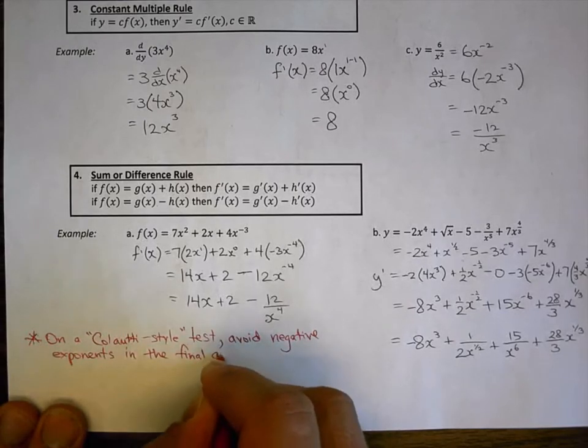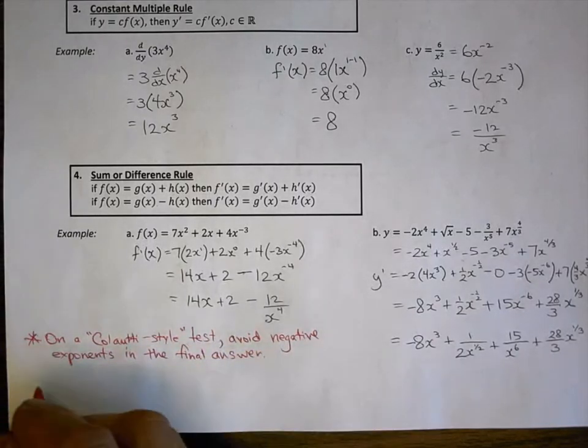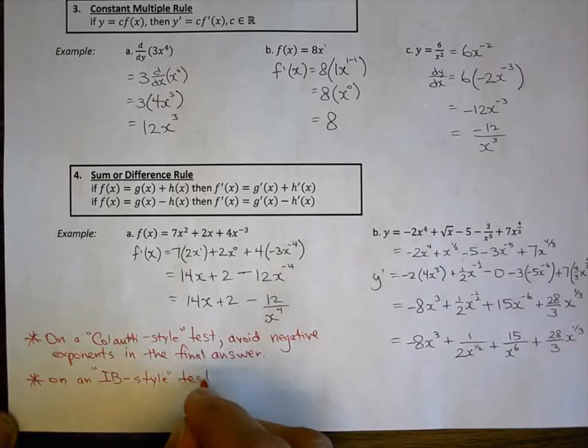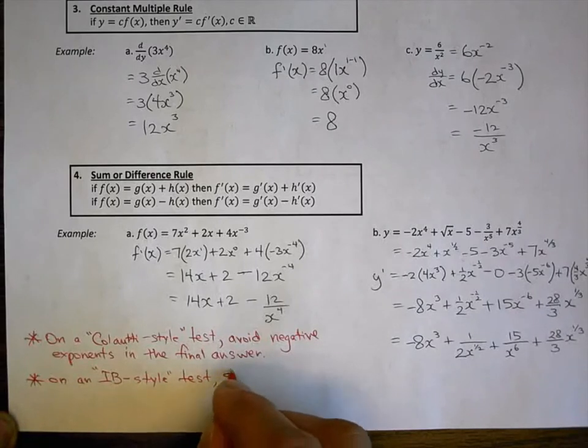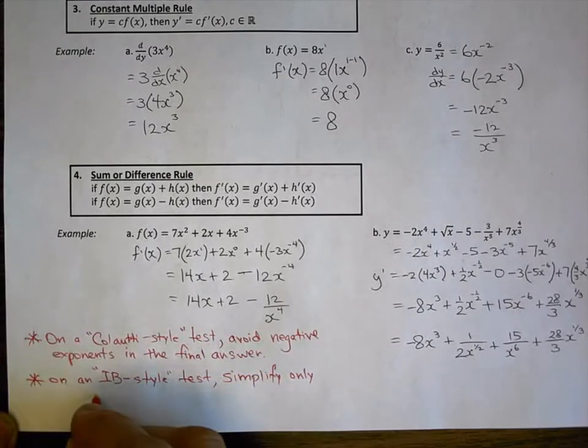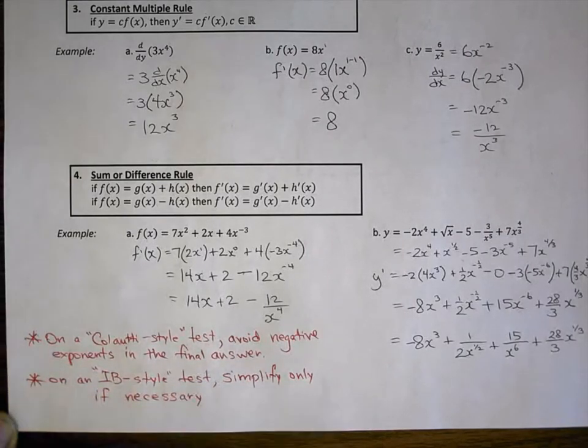And most calculus teachers at this school are like that. On an IB test, you simplify only if necessary, and they'll tell you. But you don't have to worry about cleaning it up so much.